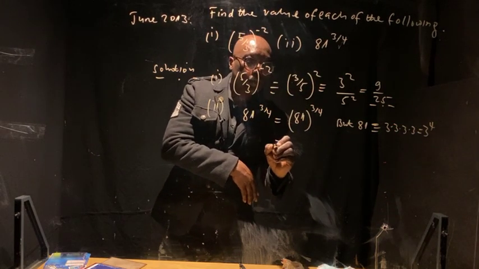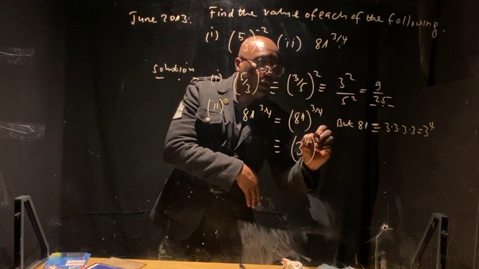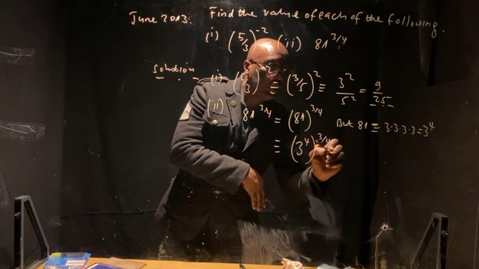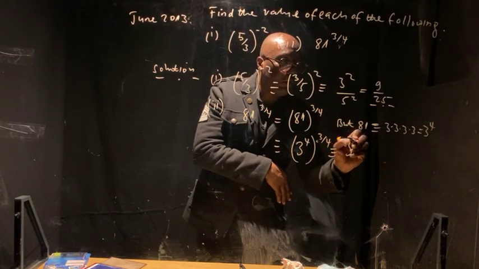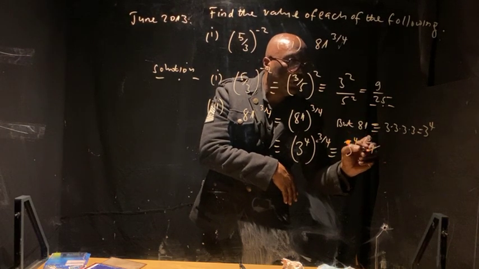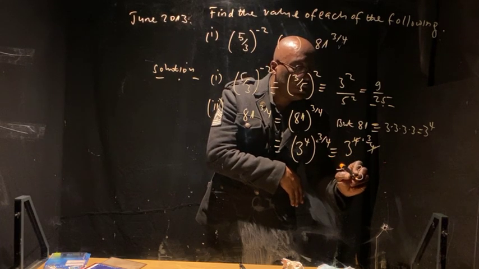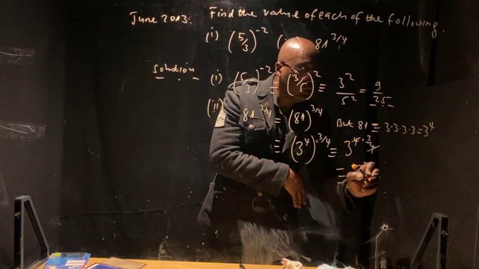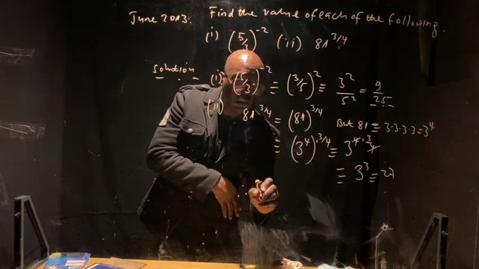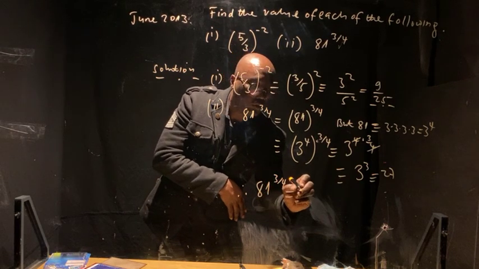So it becomes 3 raised to the power 4 in brackets, raised to 3 over 4, which is 3 raised to the power 4 multiplied by 3 over 4. This one will cancel this one, then you are left with 3 raised to the power 3, which is equal to 27. Therefore, 81 raised to the power 3 over 4 is equal to 27.